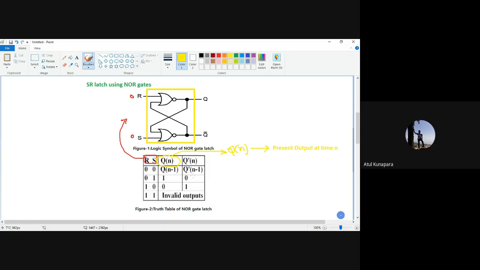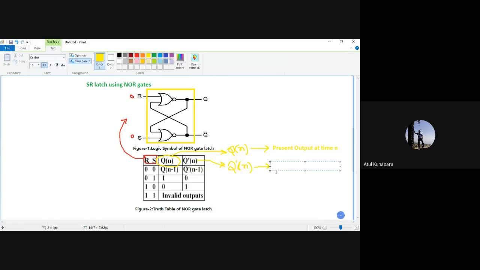This Q dash n is the other output, again a present output, but it is the present inverted output at time n, at the same time.